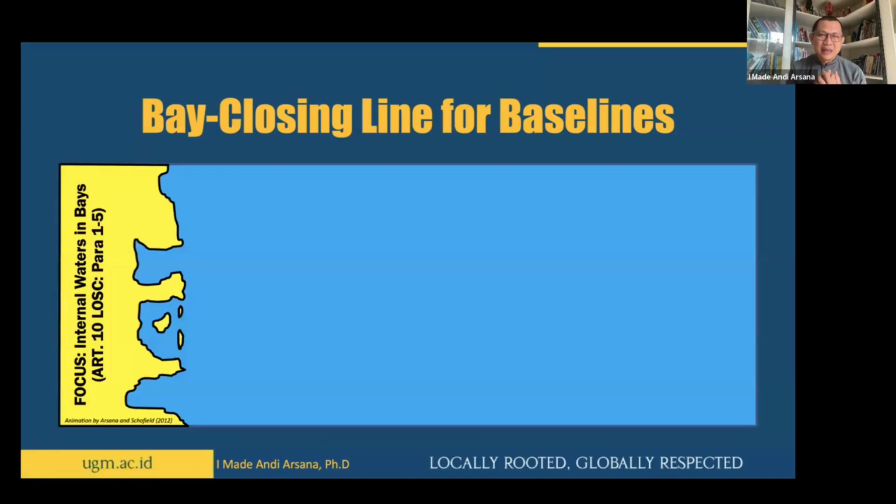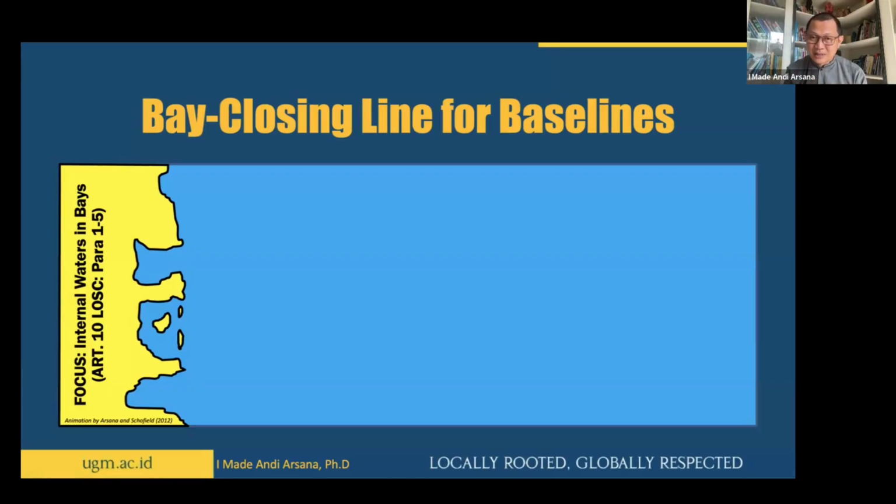Now let us implement that bay closing line in different shapes of the coast. You can see here, there are a number of bays over here, this one, and a lot of bays. So let us check now which one is the bay that we can close using the bay closing line. Or in other terms, we call it a juridical bay atau teluk yuridis.